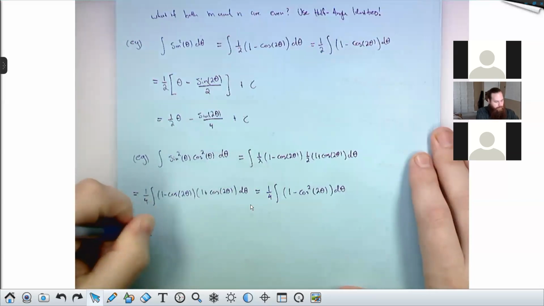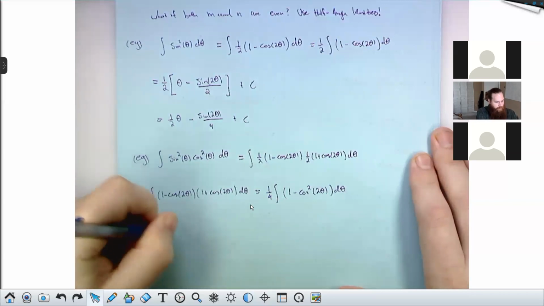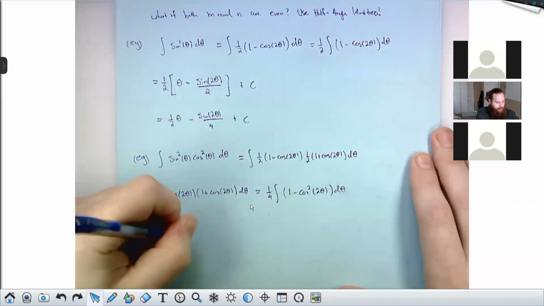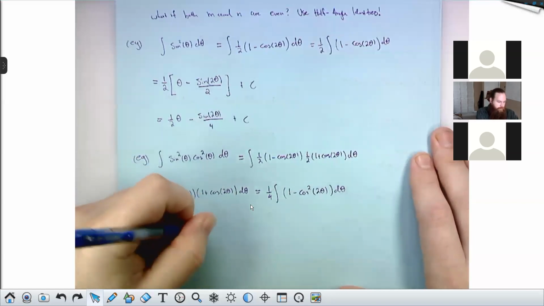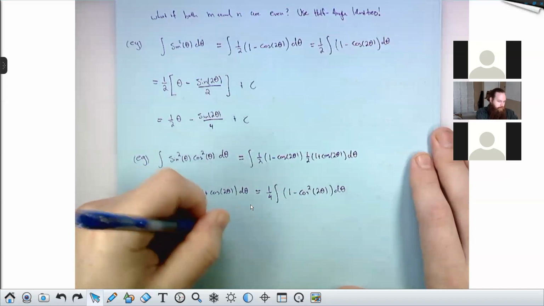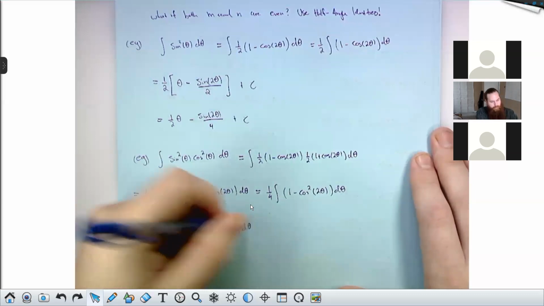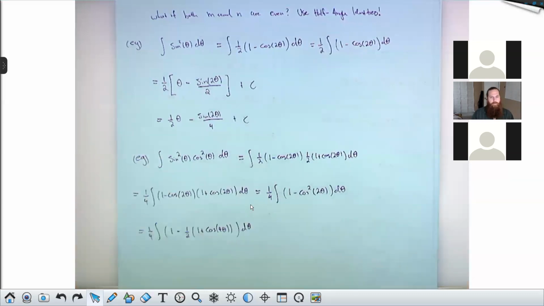This will be 1/4 integral 1 minus, now this cos squared piece here, I write as 1/2 times 1 plus cos 4 theta, like so. So the 1 comes along for the ride. The minus comes along for the ride. And then cos squared of anything is 1/2 times 1 plus cos of double that thing.